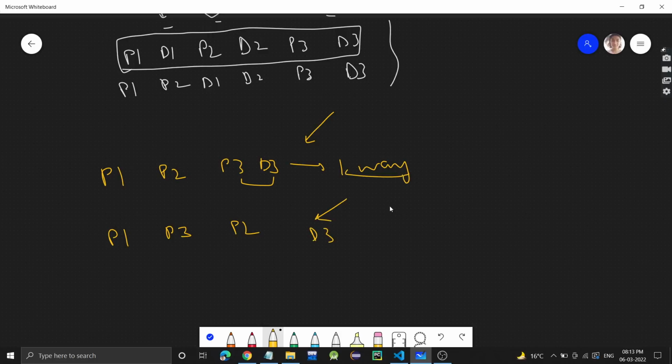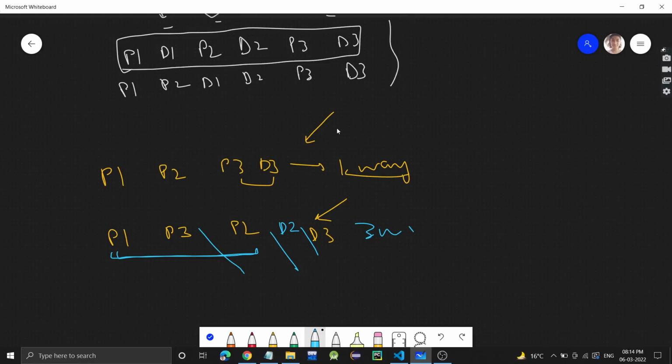Let's say we have placed d2 somewhere here. How many ways could there be? One way here, one way here, and one way here. So there will be 3 ways again.